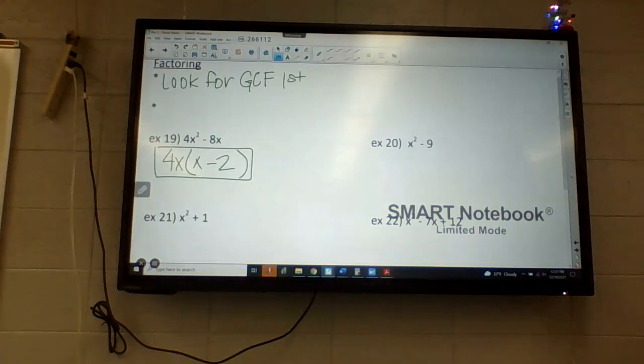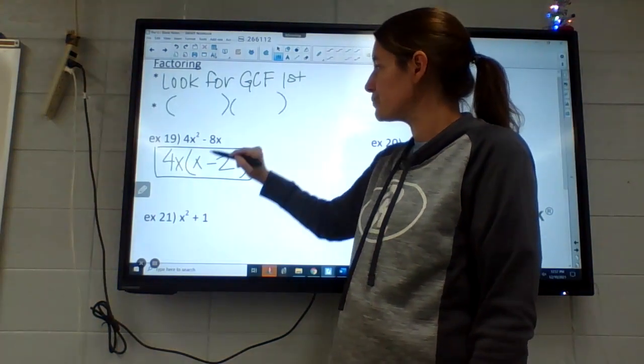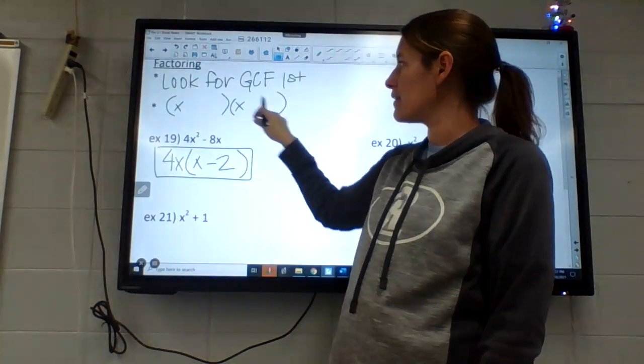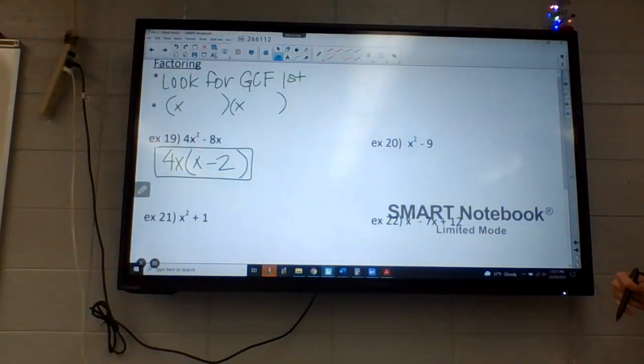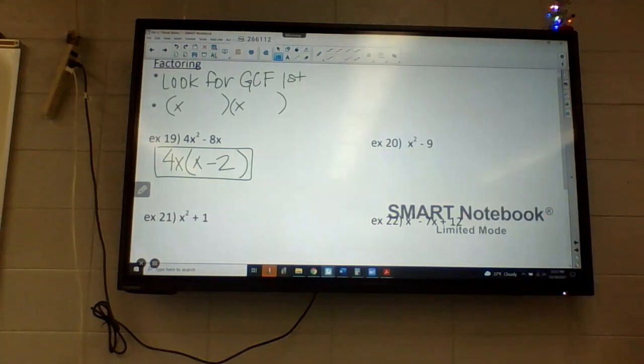All right. Now, another thing to watch out for is if there's not a GCF, then typically we go to this type of factoring where I want to multiply to get x squared, and then multiply to get the last term but add to get the middle term. So that's usually your second step. Can we do that in number 20?